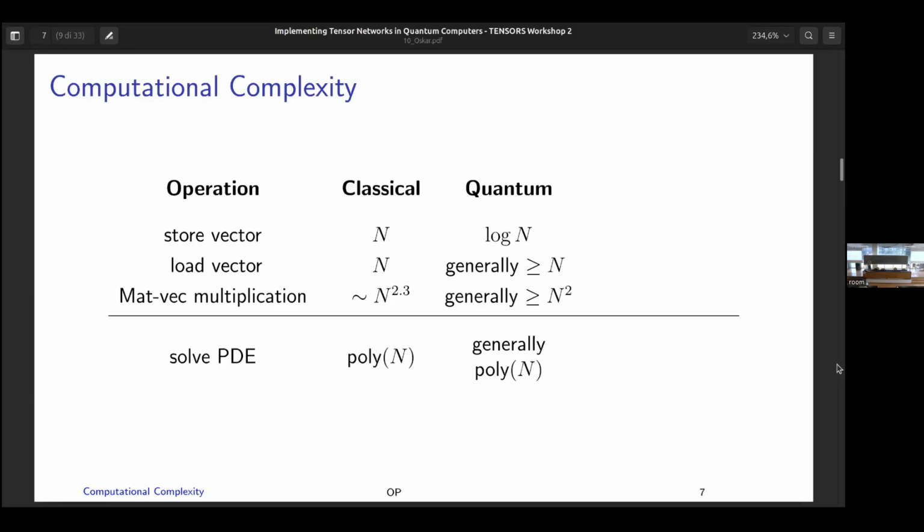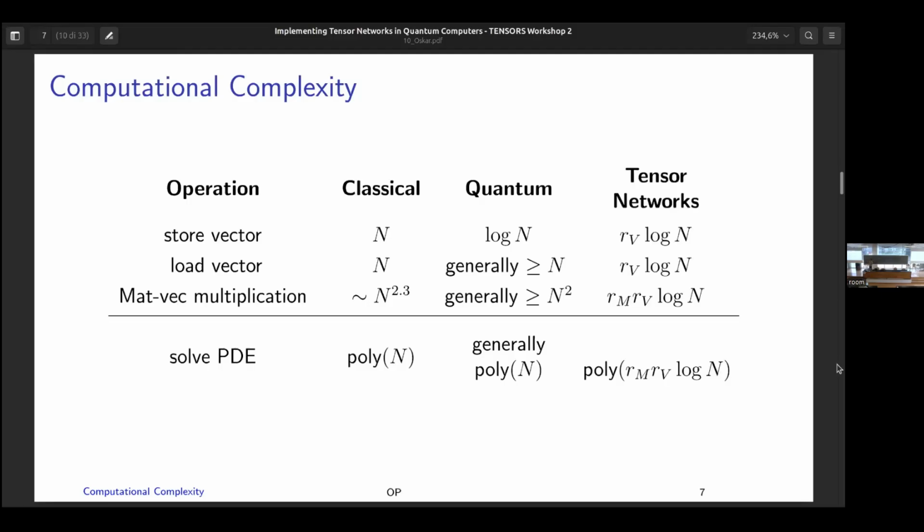We need, first of all, a classical order reduction, a faster way for the objects to be stored in our classical world so that we can then put them on a quantum device.